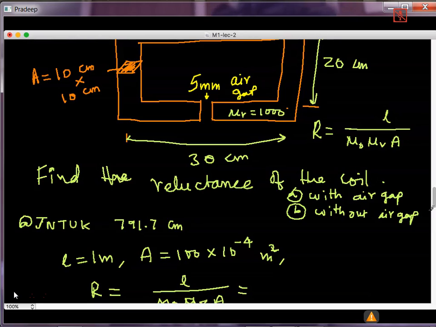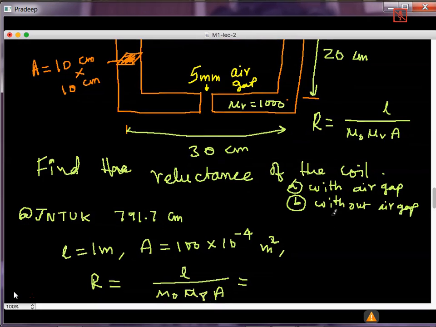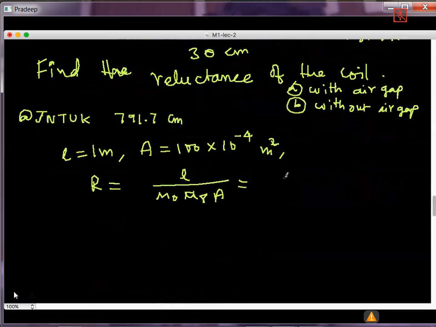If there is no air gap, that means this is completely continuous. So then I'll have this formula, correct? Here, how much was I getting? The answer that I was getting was 79577.